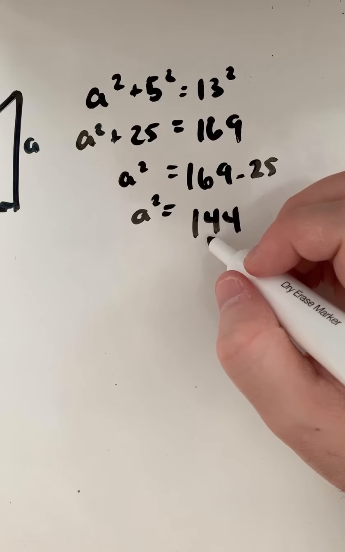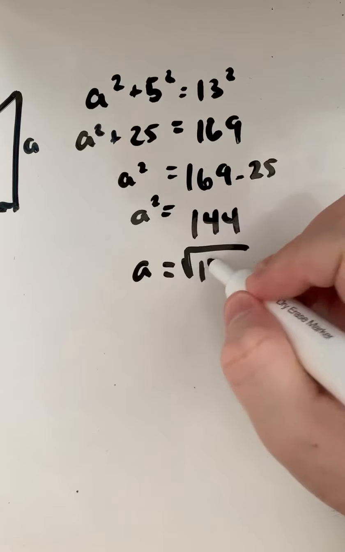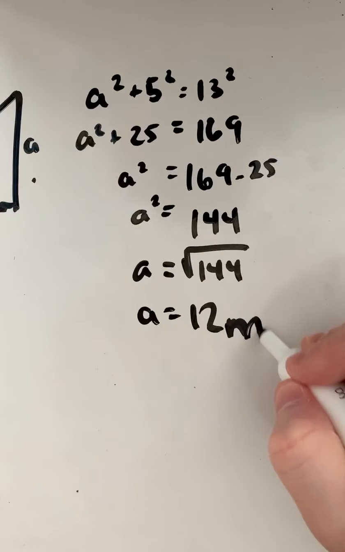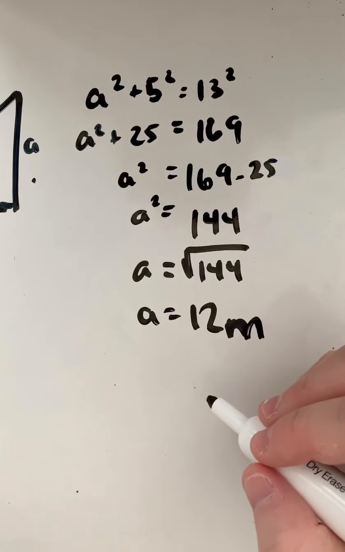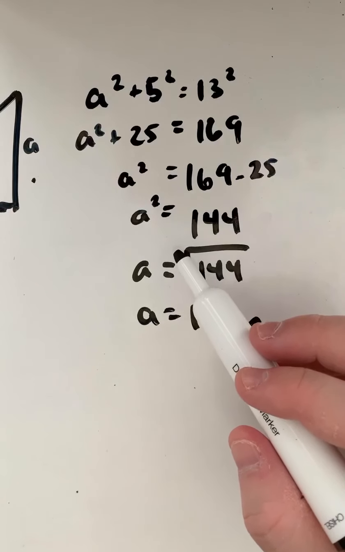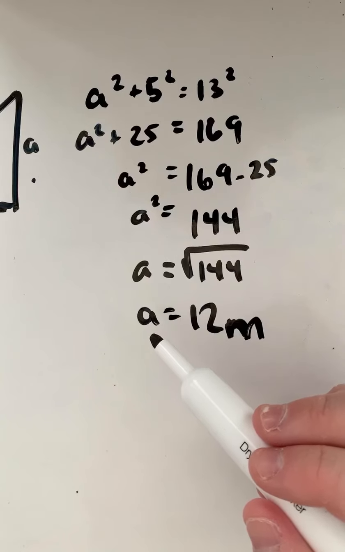Then A equals the square root of 144, and we know the height of the tree is 12 meters. Okay, so that's how to solve the tree one. It's pretty much the same as the knowledge question, it's just giving you a situation in the real world.